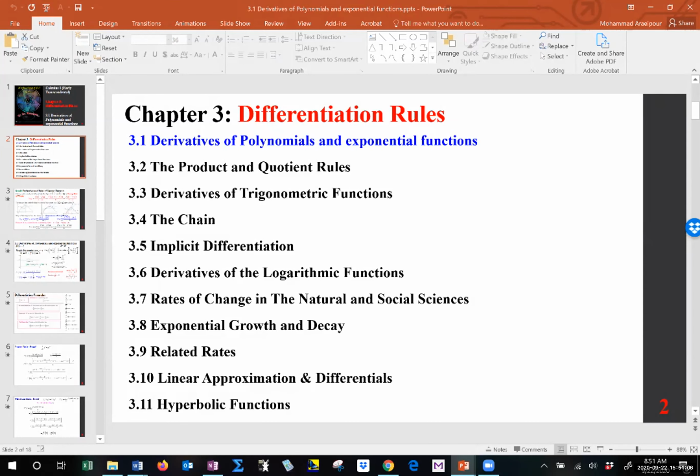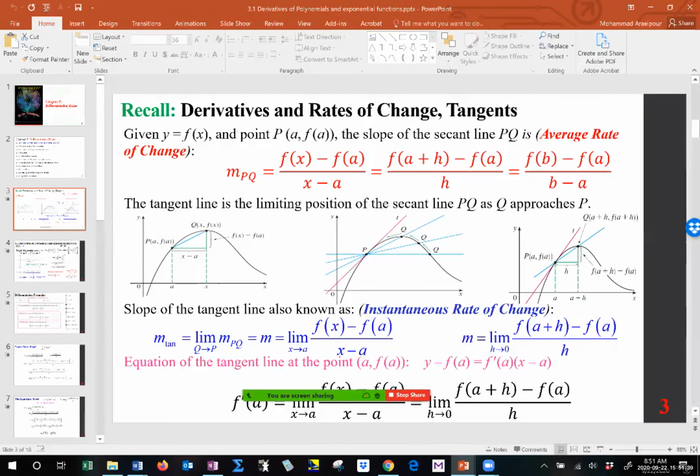And so derivatives of polynomials and exponential functions, the product and the quotient rules, derivatives of trig functions, the chain rule, implicit differentiation, derivatives of log functions, rates of change in the natural and social sciences, that means applications, exponential growth and decay applications, related rates applications, linear approximation and differentials applications, hyperbolic functions.